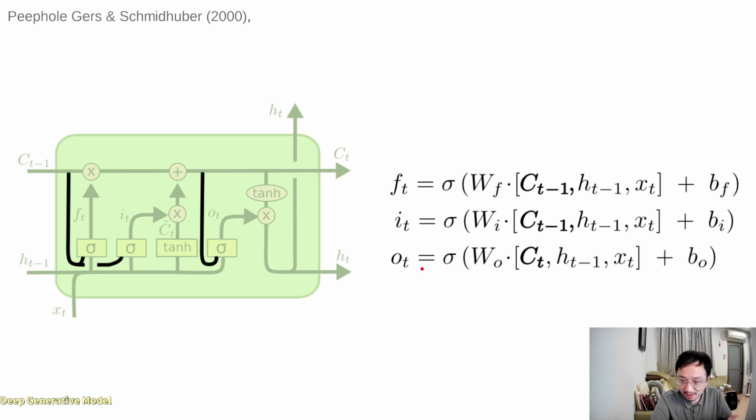So that's doable, but the standard peephole looks like this one, and I think this one is so popular. I see this one more often than the one without peephole.